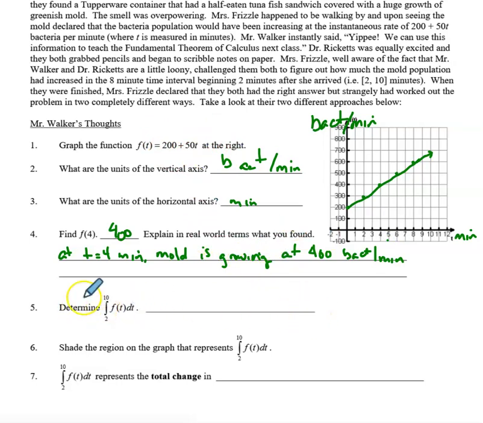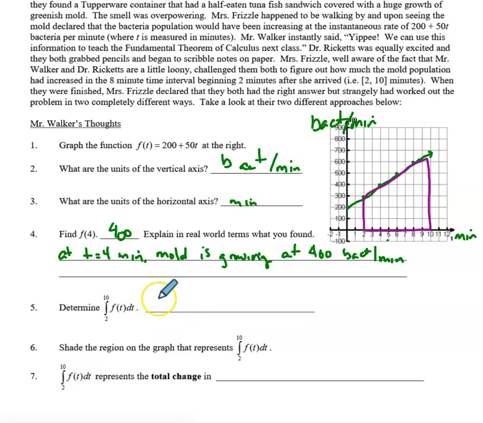So then they say, okay, let's determine the integral of little f of our function from 2 to 10. So to integrate, what we're going to do is use our known geometric areas. And I have a trapezoid here on the interval from 2 to 10.